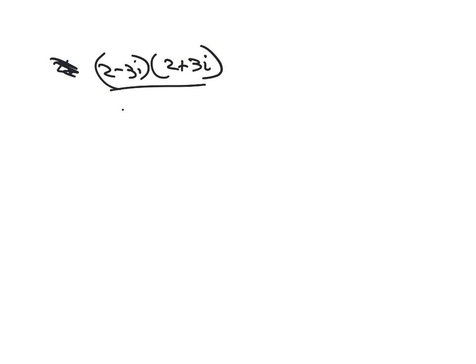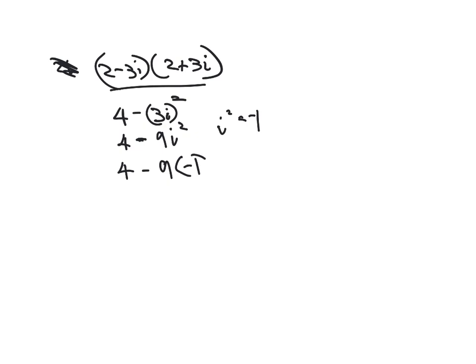So if I square the first term and square the second term and put a minus sign between them, I don't have to do the FOIL method. So 4 minus 9i squared, and again, i squared is -1. So 4 minus 9 times -1, 4 plus 9 equals 13.